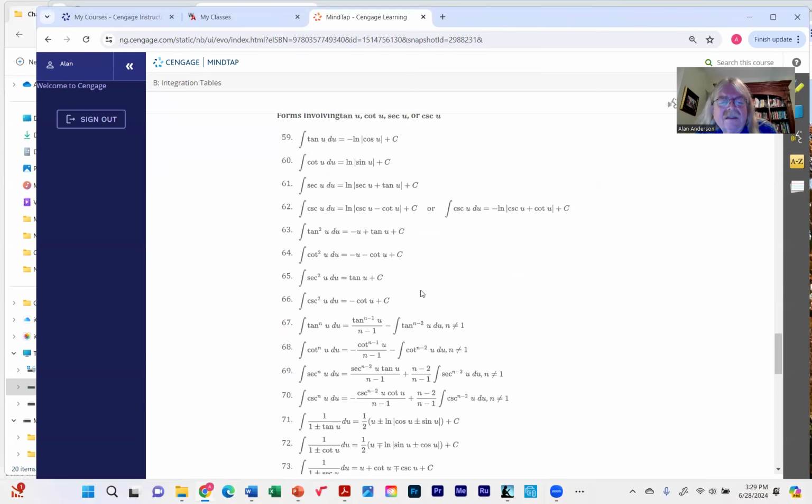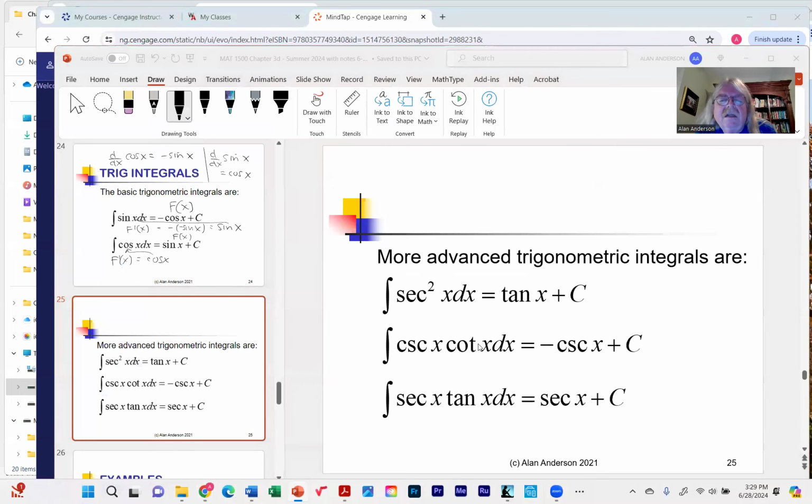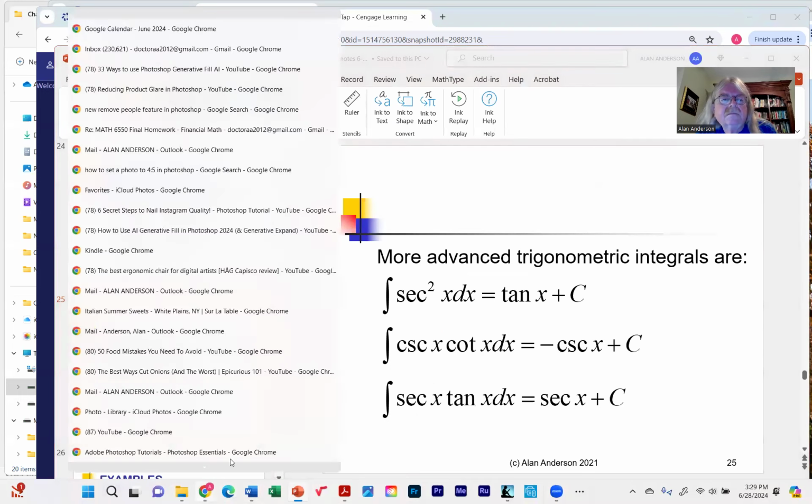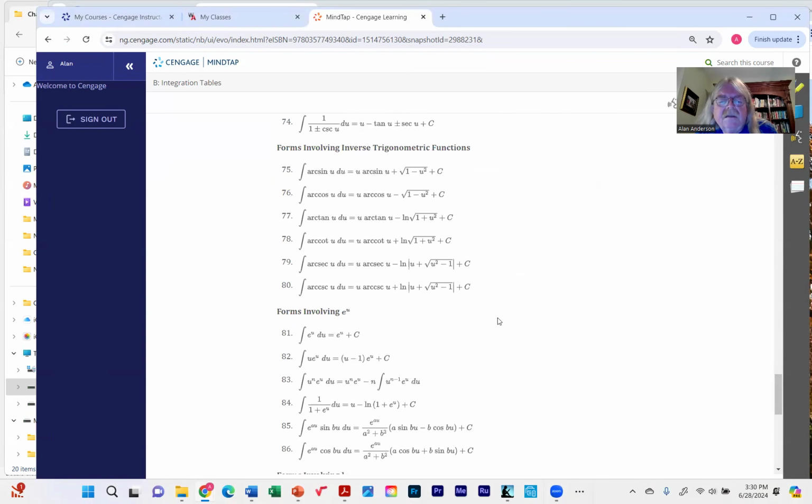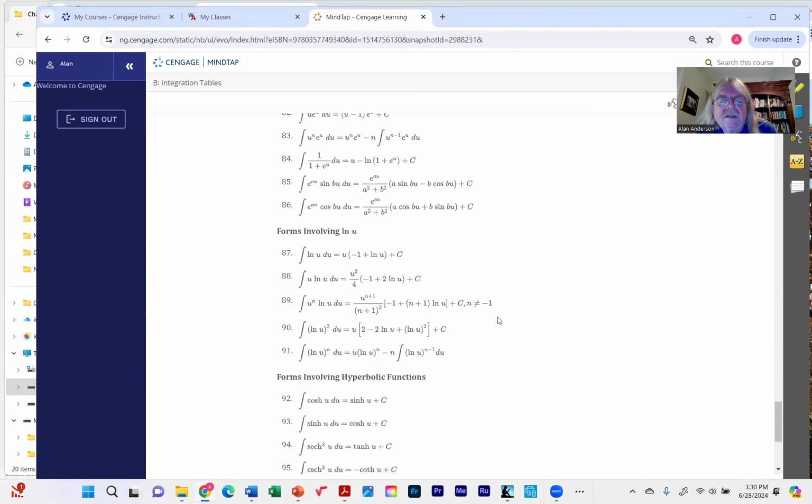There's so many of these. But if you look hard enough, you'll find these eventually in this chart. They've got so many to choose from here.